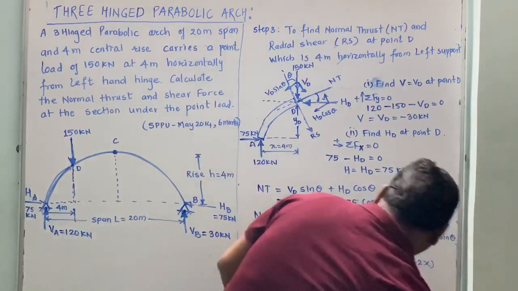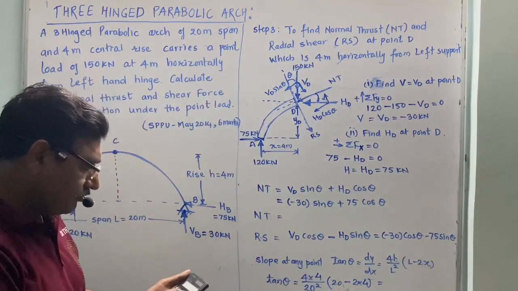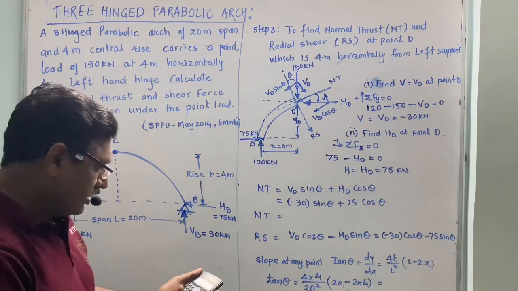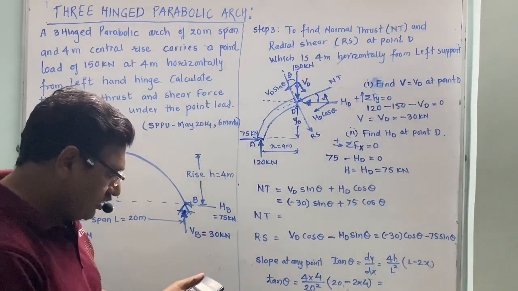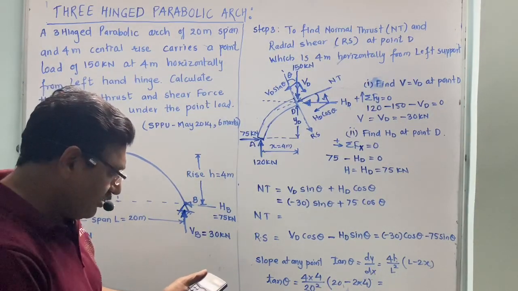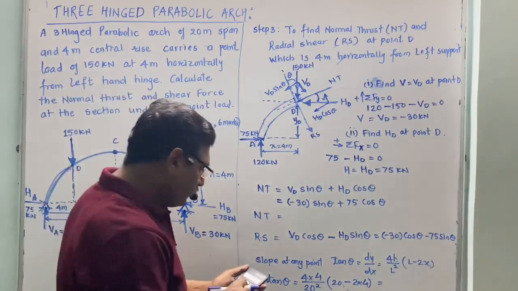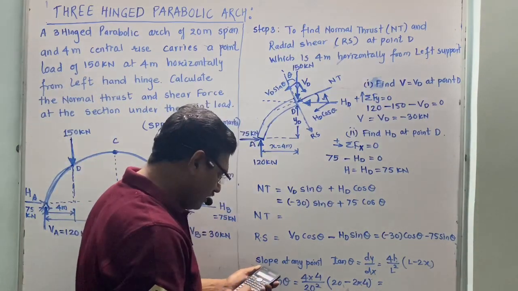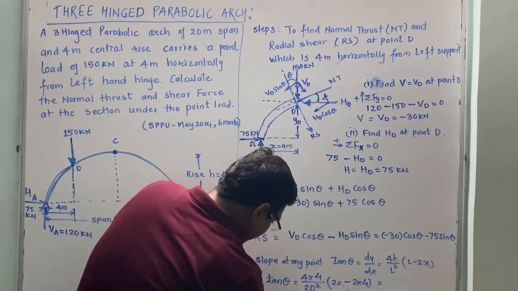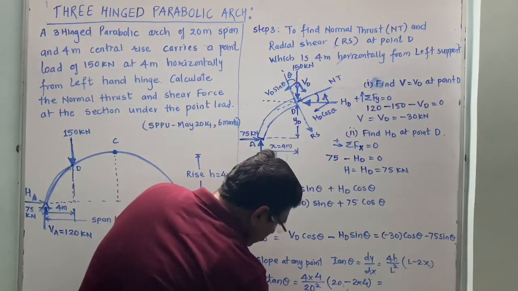So from this you will get it using a calculator. 4 into 4 divided by 20 square into bracket 20 minus 2 into 4 bracket complete gives 0.48. Tan inverse of 0.48, I am getting 25.64 degree.